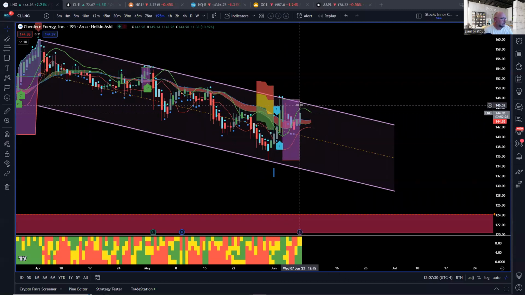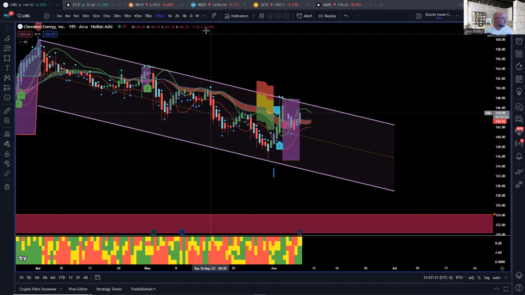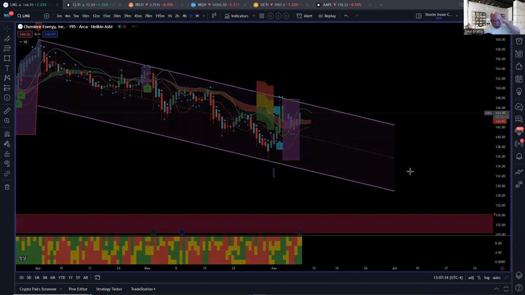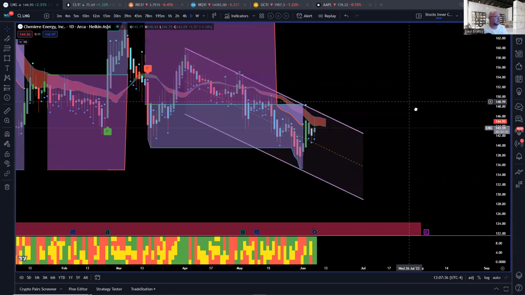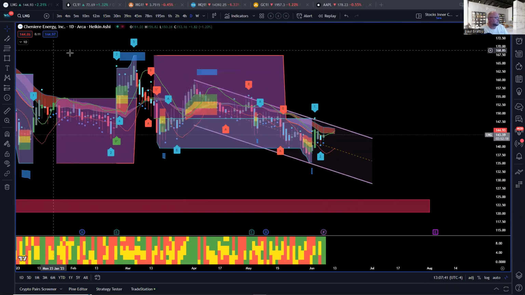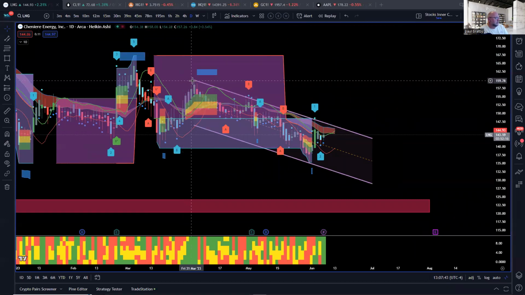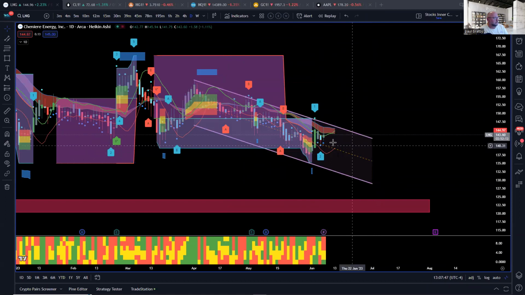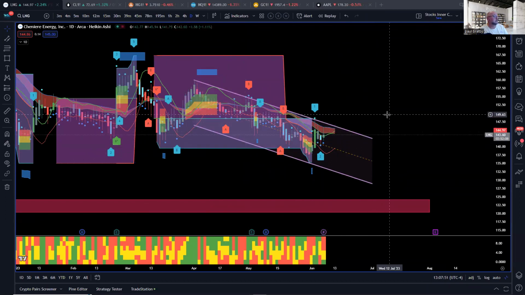What I'd look for is a test of the channel, then come back down and look for a signal on a higher time frame. We're on the daily time frame right now. We can see these channels are very, very strong. And what we're looking for is a technical signal or a reason to get in this short.